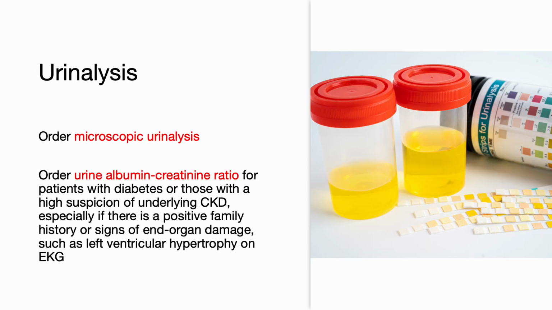Perform a microscopic urinalysis. Additionally, order a urine albumin and a urine creatinine to obtain a urine albumin creatinine ratio for patients with diabetes or those with a high suspicion of underlying CKD, especially if there's a positive family history or signs of end organ damage, such as left ventricular hypertrophy that can be found on an EKG.